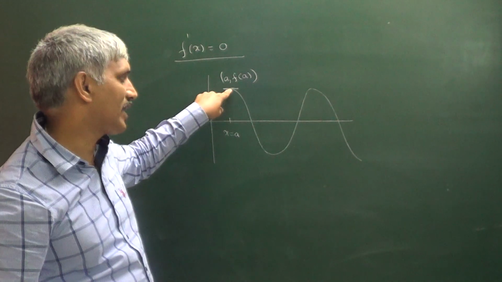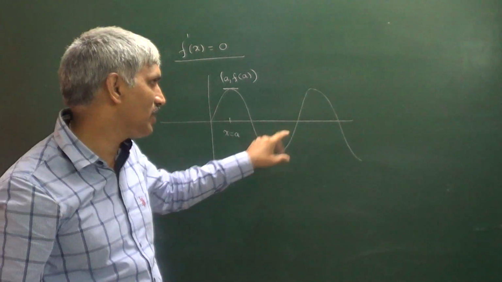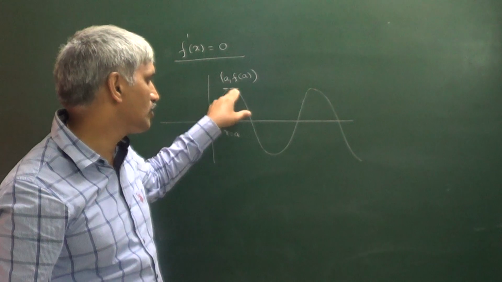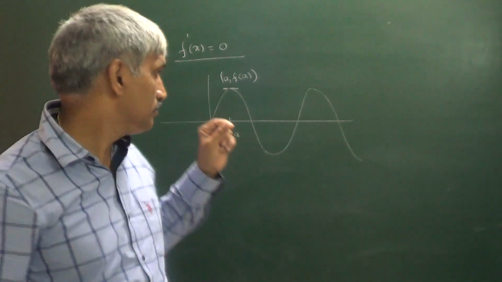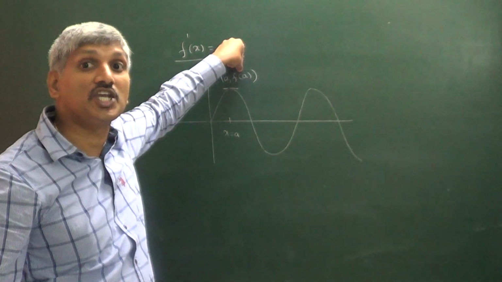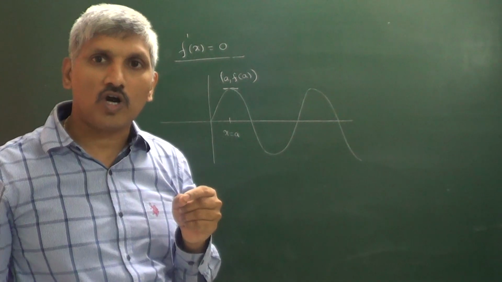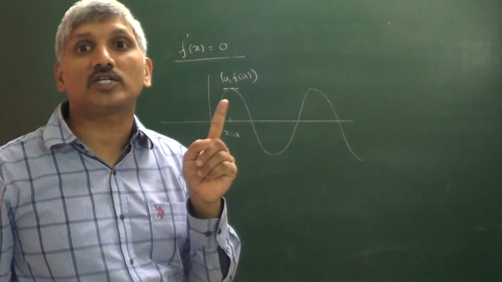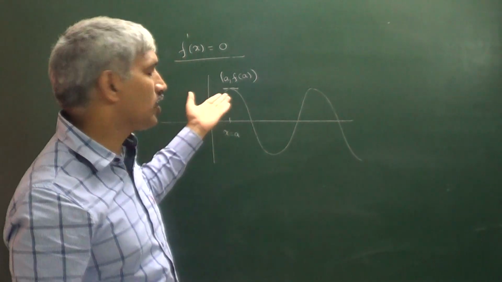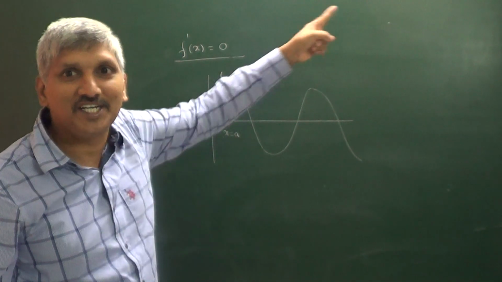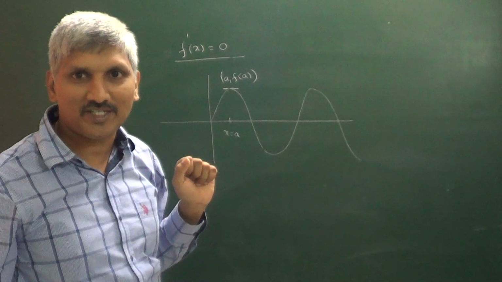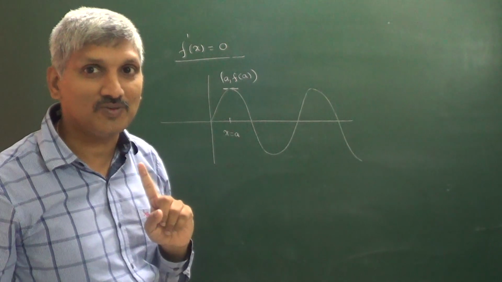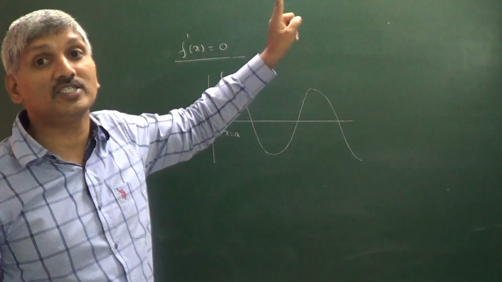Where it has a maximum value or a minimum value, these points are called stationary points, or this value is called a stationary value, or we can also call them turning points or turning values. So no doubt a stationary point is a critical point also. Every stationary point is a critical point, but the converse is not true.